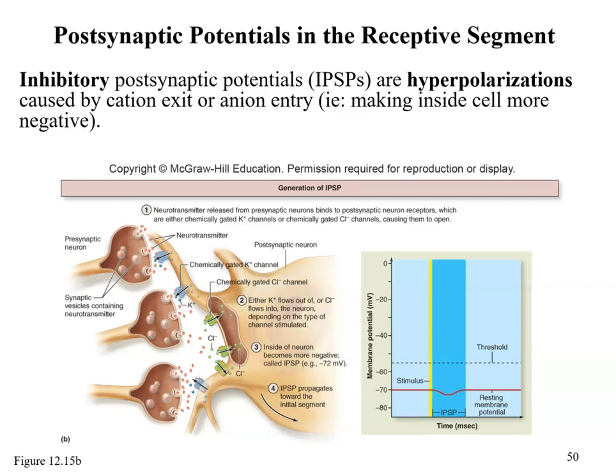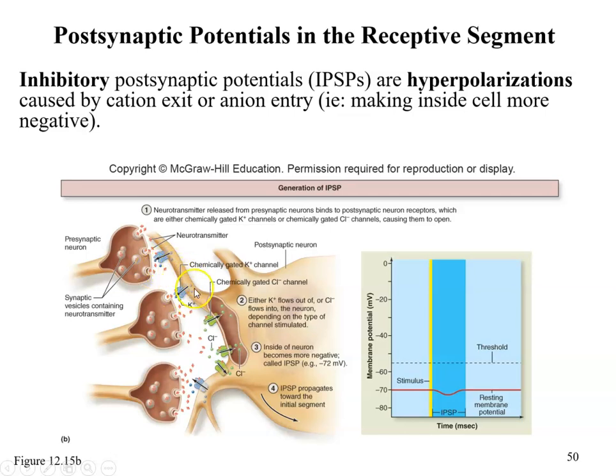Inhibitory postsynaptic potentials are going to be hyperpolarizations, so they're the opposite of the excitatory potentials. They're caused by either cations exiting the cell or anions entering the cell, and this makes the inside of the cell more negative. You can see here, neurotransmitters have been released.